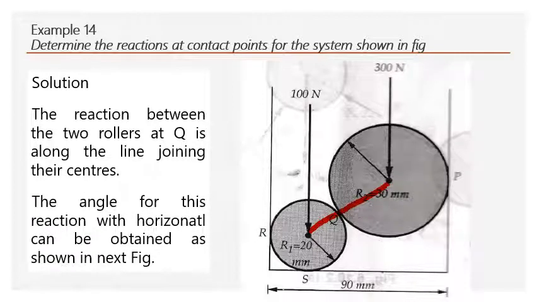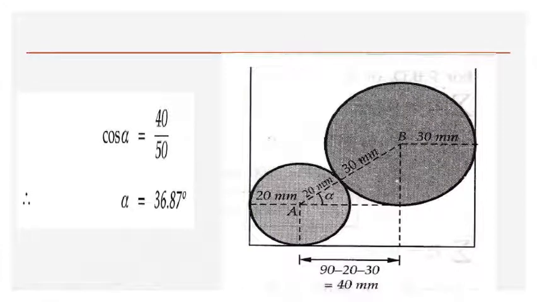How do we obtain the angle of this reaction with the horizontal? That's why the radii are all given. Using the data, let's see in the next slide how to obtain the angle.